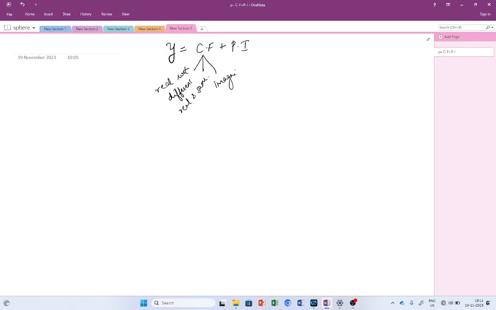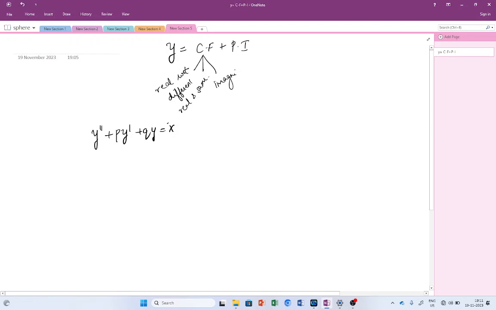The highest order should be 2. That is, an equation of the form y double dash plus p y dash plus q y is equal to X. If your given equation is of this form, a second order differential equation, only in this case can you apply the method of variation of parameters.